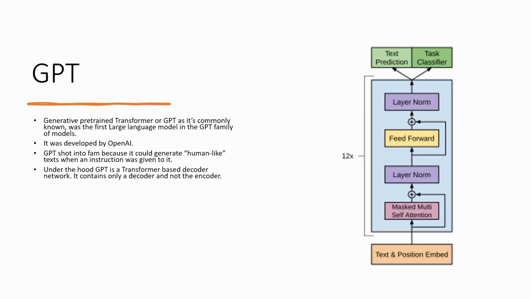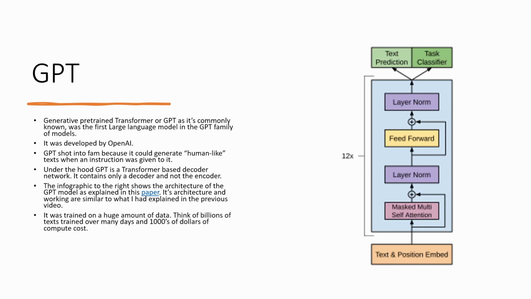Under the hood, GPT is made up of transformers, and GPT is a decoder-only network, meaning that it does not have an encoder, but it has only a decoder. Its architecture is very similar to the kind of architecture that I explained in the previous video and the starting of this video. The only thing missing here is the encoder, which is not present in GPT.